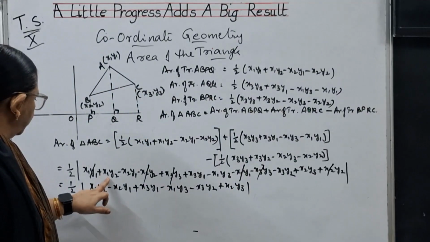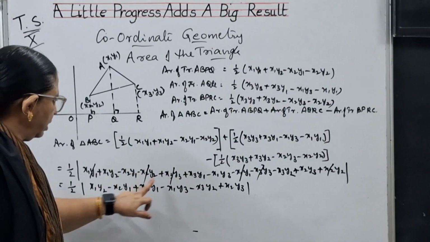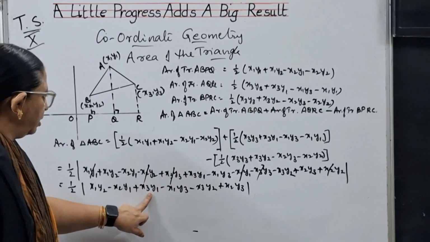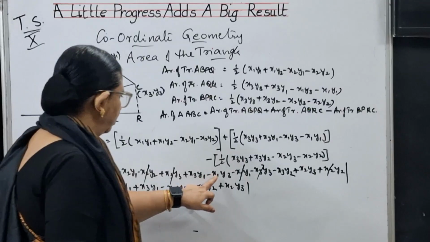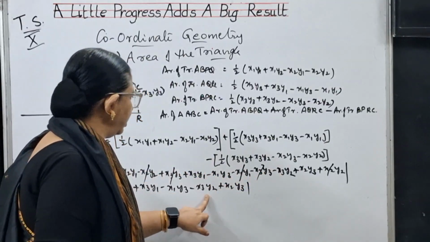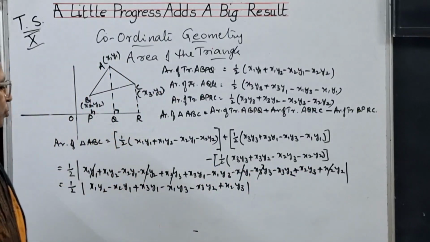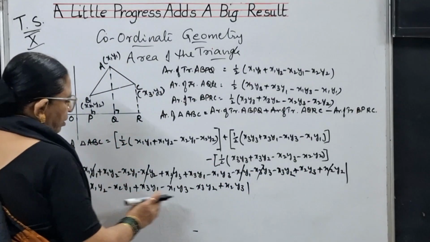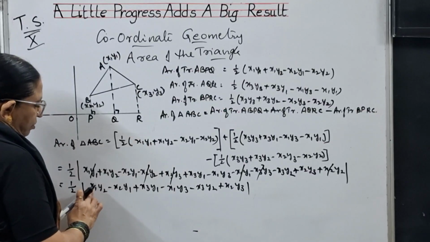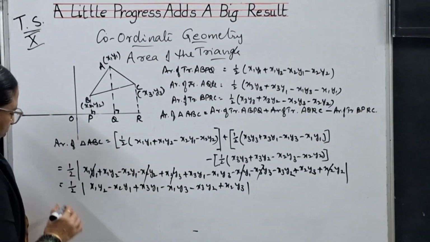So now what we will do, children, are like terms: basing on x, all x1s together, x2s together, x3s together we will write.